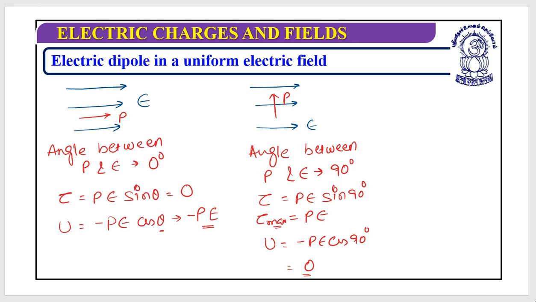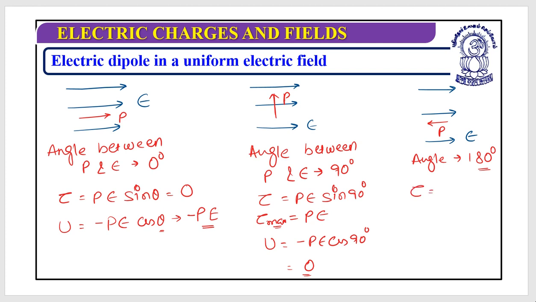And let's look at the third case, where the situation looks like this. This is the electric field, and this is the dipole moment P. Here the angle between P and E is 180 degree.